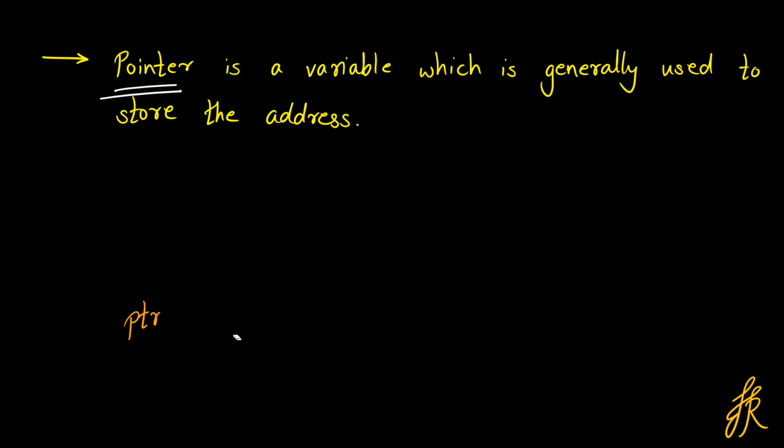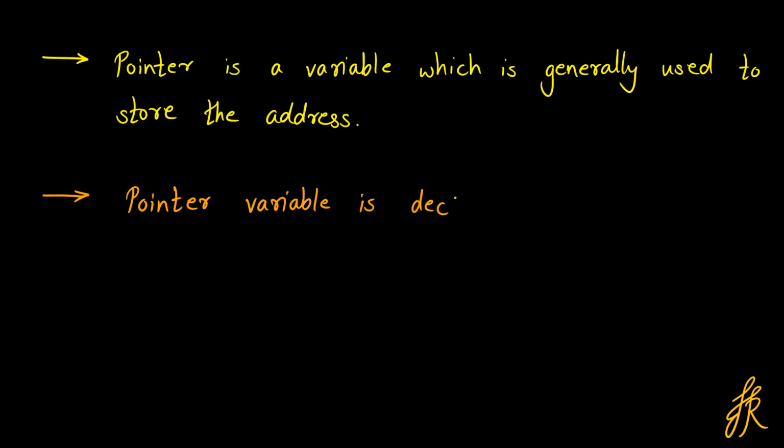We'll be using two notations, star and ampersand. Let's see about this. A pointer variable is declared using star.